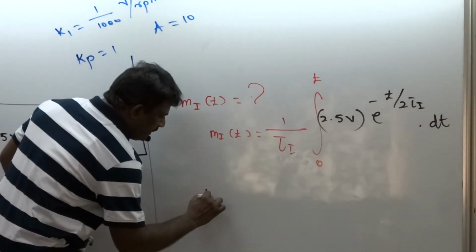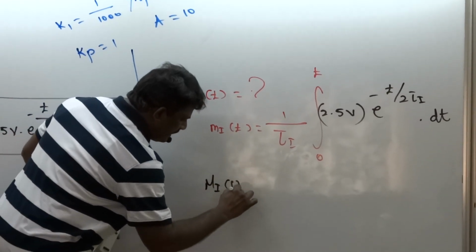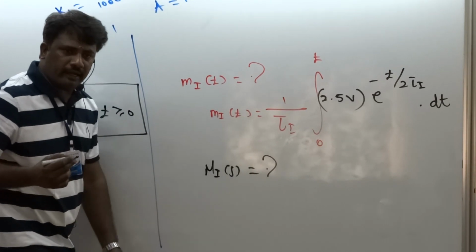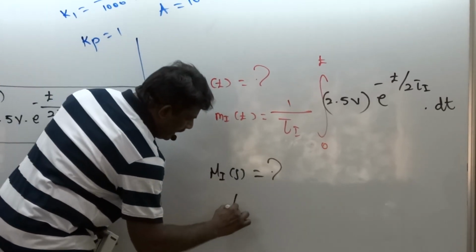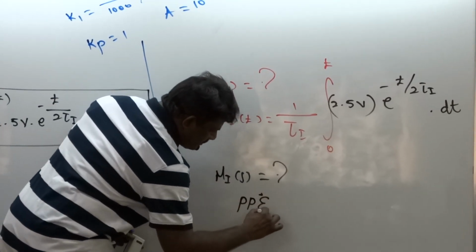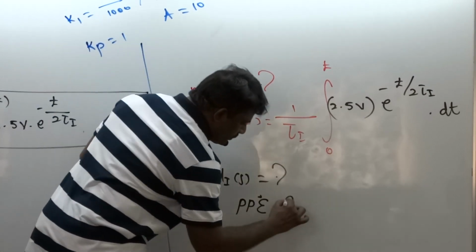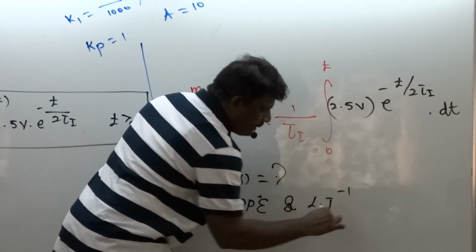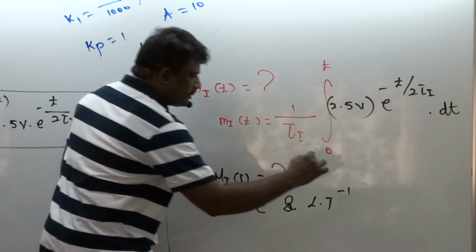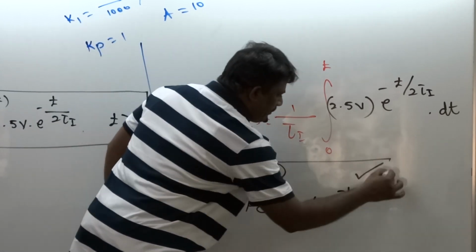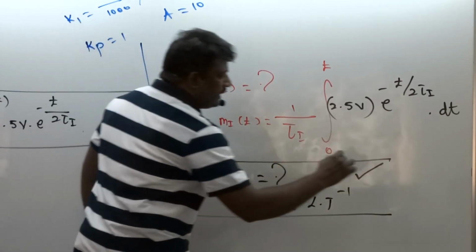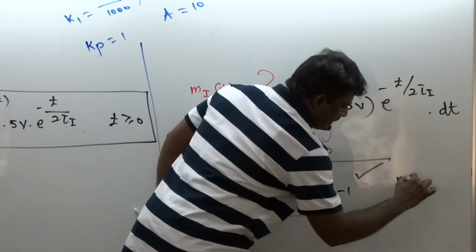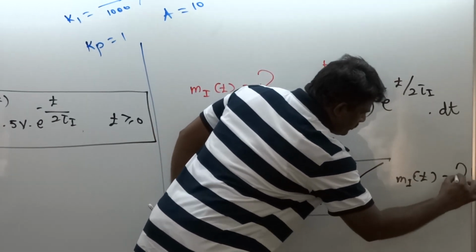The other route is the derivative MI of S. Now, applying partial fraction expansion and then getting into time domain by applying inverse Laplace transform. That is also a route to find MI of t. Okay, that's one more route.